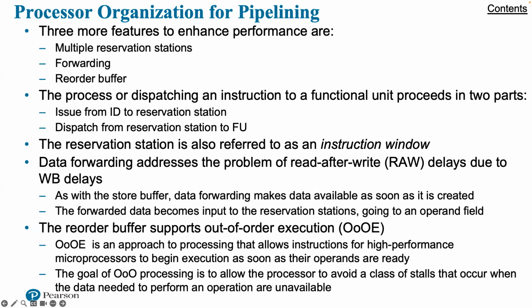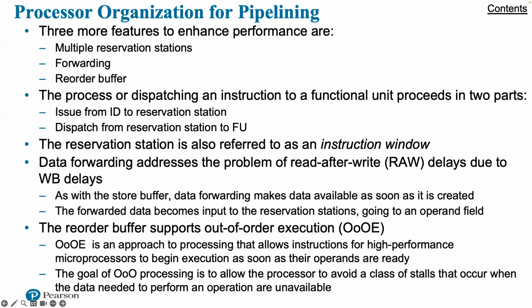The reorder buffer supports out of order execution. Out of order execution is an approach to processing that allows instructions for high performance microprocessors to begin executing as soon as their operands are ready. Although instructions are issued in order, they can proceed out of order with respect to each other.